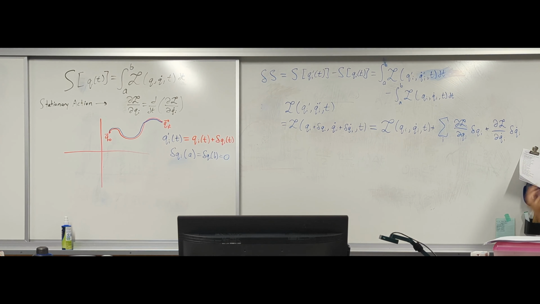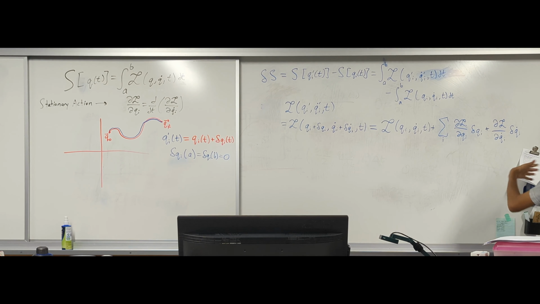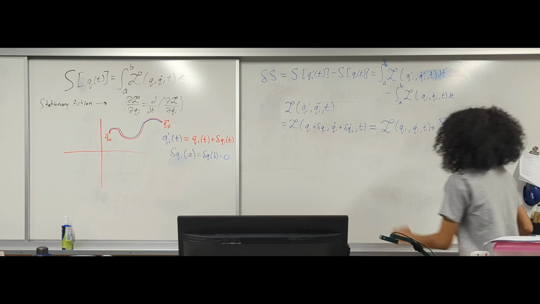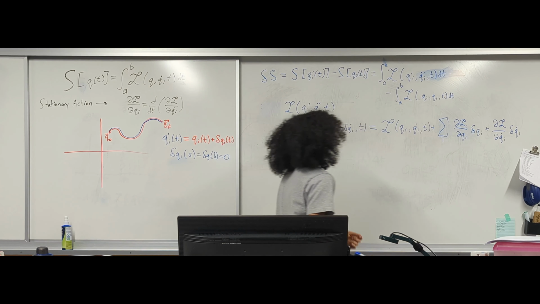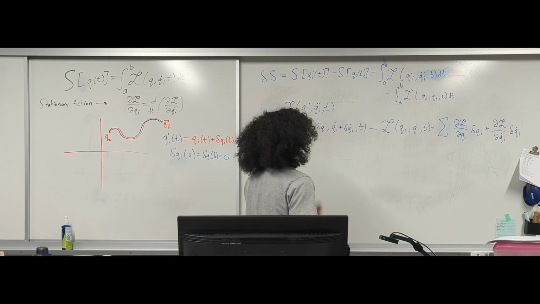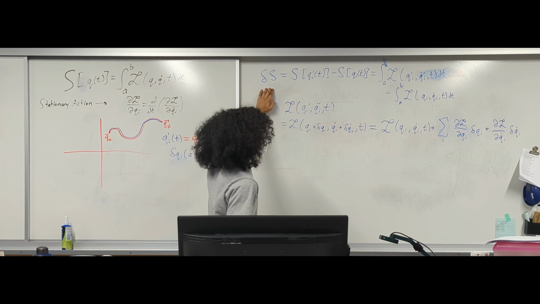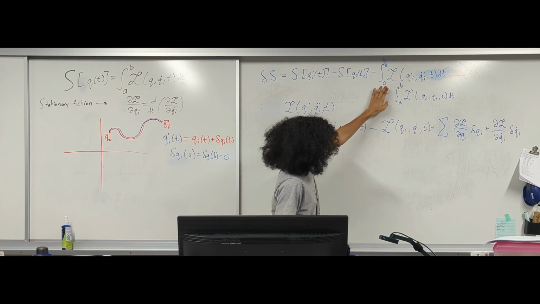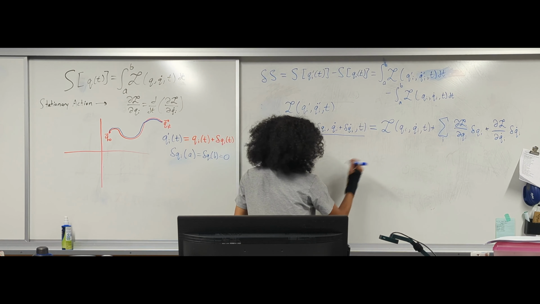And then if you're thinking about this as a Taylor expansion, you're probably like, well, what about the other terms? The point is that these delta q's and delta q dots are so small that the other terms are essentially zero. But if you just think about this from the chain rule perspective, then this is all you need. Well, for the variation in the action, we're integrating the difference between this and this.